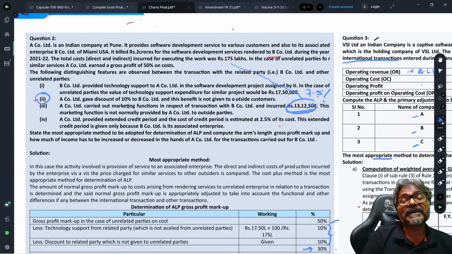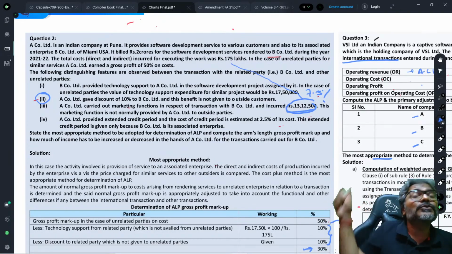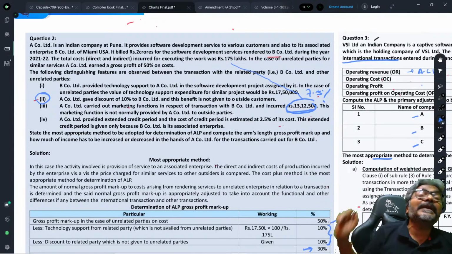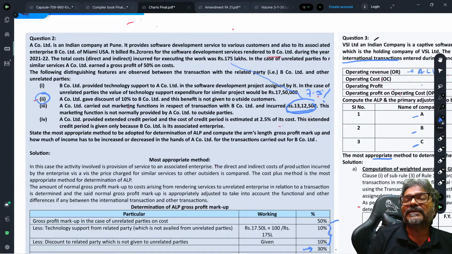Now, this adjustment that you do of the uncommon factor, students, one point is that you have to do the adjustment in such a way that the margin percentage finally aligns to all the factors which are otherwise available in the international transaction, that is the transaction with the associated enterprise.